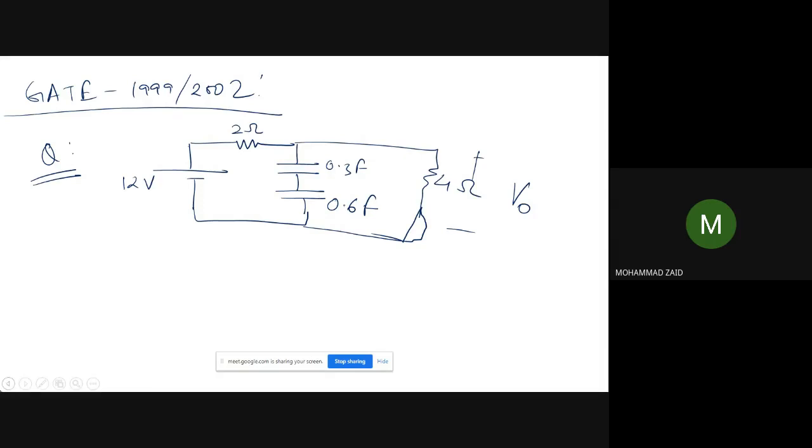You need to find the expression for V naught, that is, how V naught of t will change.